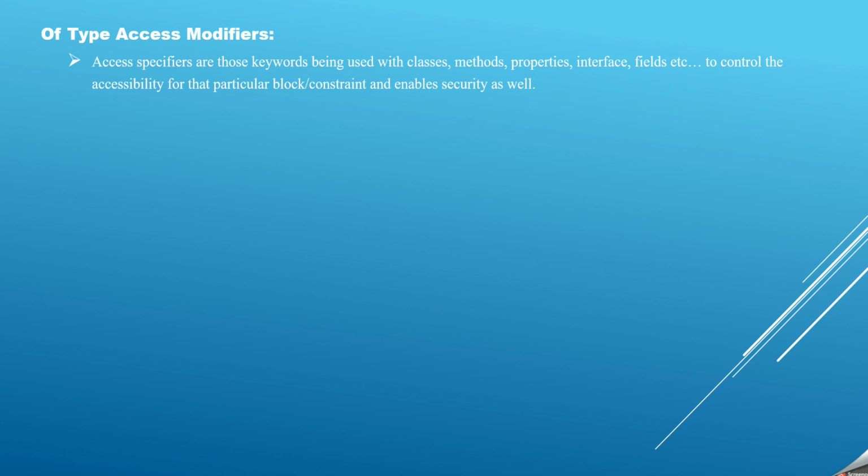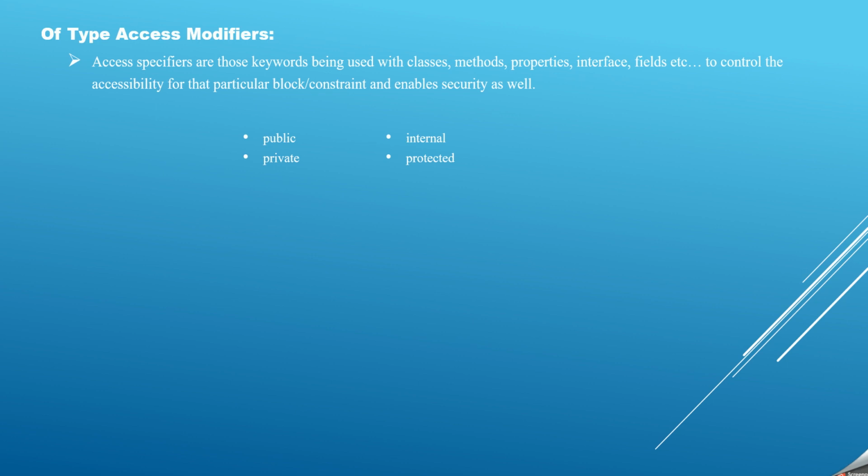The same thing is applicable here: access specifiers are keywords used with classes, methods, properties, interfaces, even fields, to control the accessibility of a particular block and enable security as well. How? We have public, private, internal, protected. Not to worry, in one of the upcoming video tutorials we will cover the complete access specifier tutorial, where I will show you how it works with a proper example.